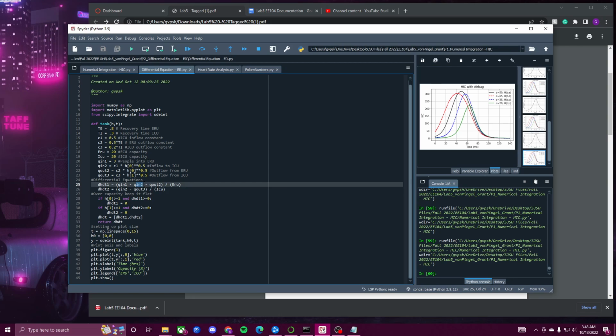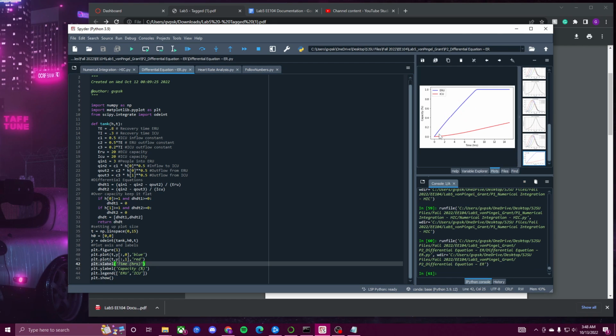Some are going to the ICU and some are just leaving the hospital, all divided by the capacity. And that's how you get their value. Same thing for ICU, people going into ICU, people going out of the ICU divided by space. This is just how to count the capacity until it goes to 1, until it maxes out. And this part is just setting up the waveform. So we'll run it and look at it real quick.